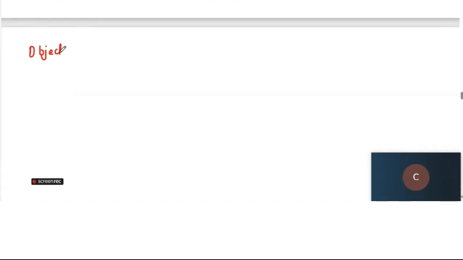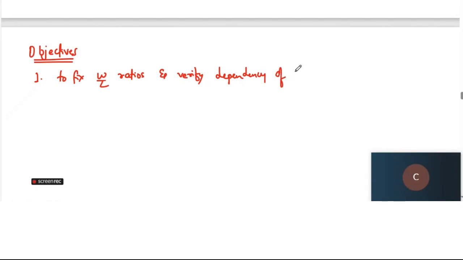The objectives for today's discussion or lab session would be, first one, to fix W by L ratios and verify the dependency of R out on L. This we have done, but we'll elaborate on it and figure out how we can vary the L and fix up the R.